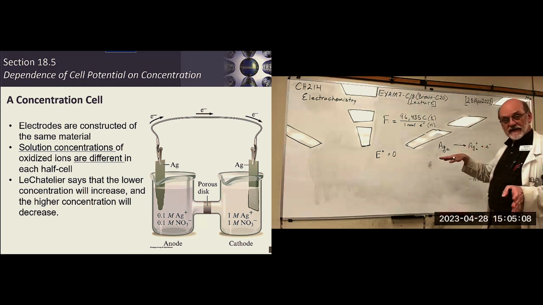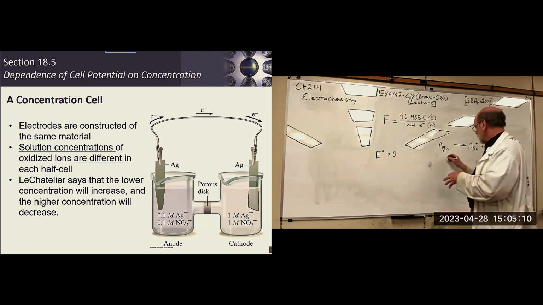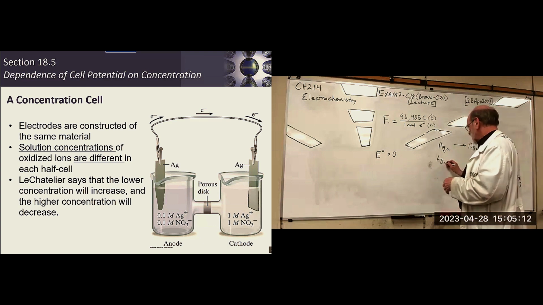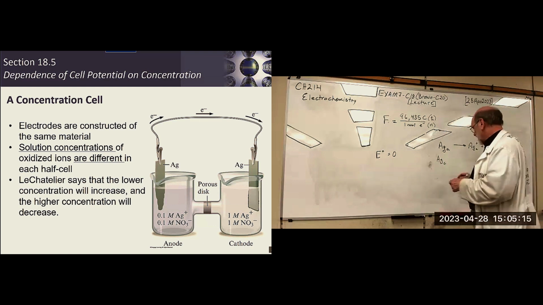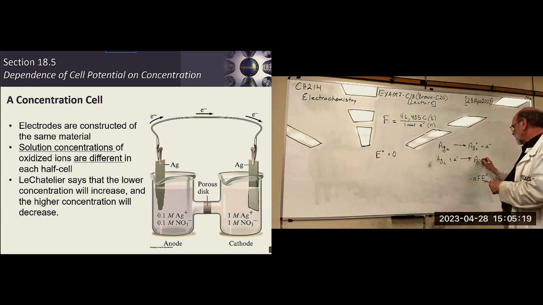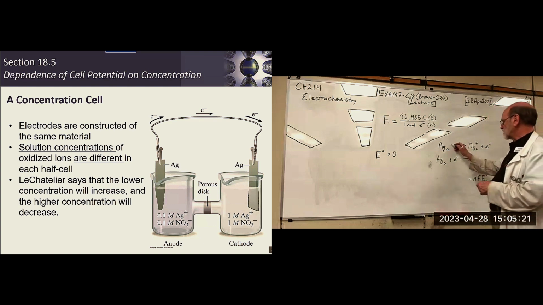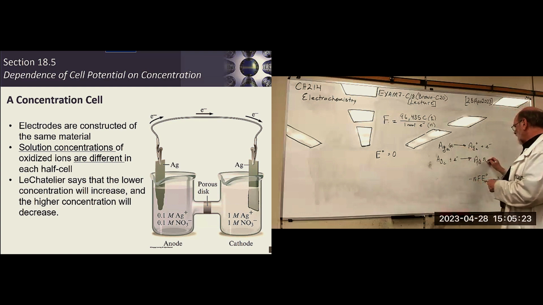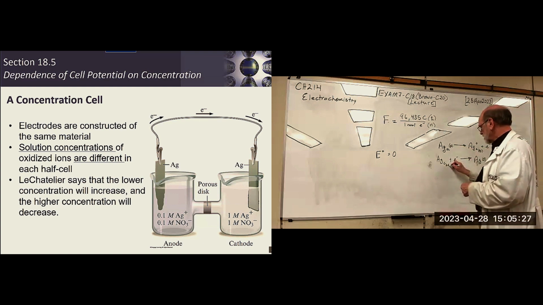That would be the left-hand side. The right-hand side would be the silver ion in the cathode plus an electron yields silver solid. So that's a solid, and this is aqueous solution.